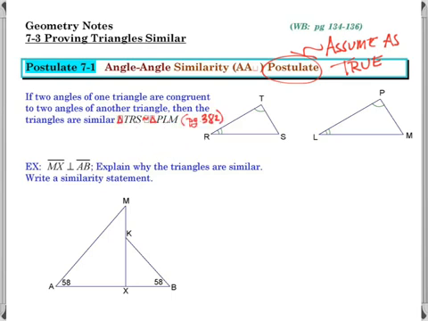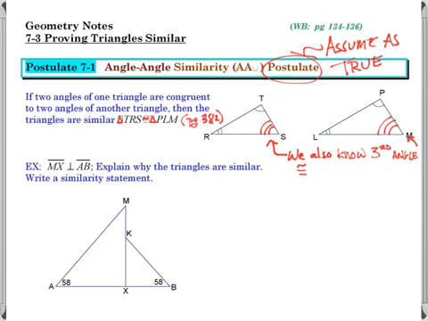The two angles mean that the third angle has to be the same as well, because remember that the angles add up to 180. So these are going to match up. All the angles are congruent, and that's enough to assume that they are similar. Again, it's a postulate, so we assume it to be true.